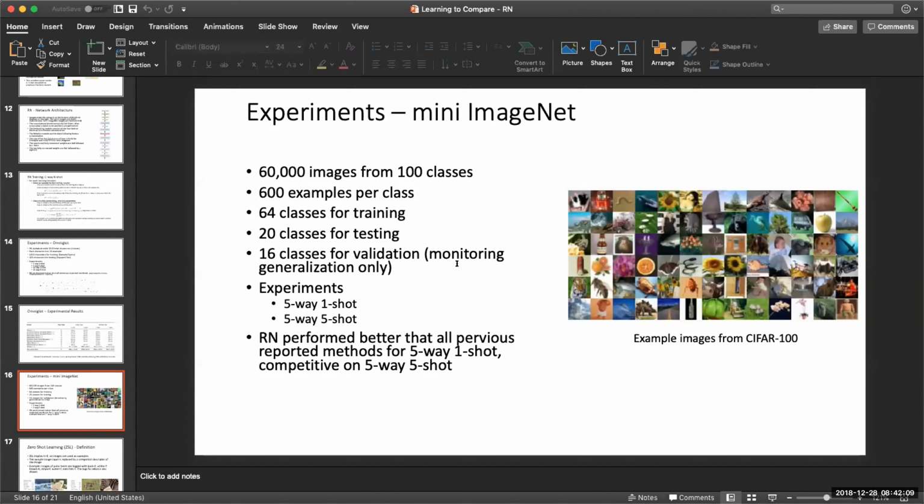But these are just held out and used for monitoring generalization. So 64 and 20 are the classes that we've talked about before. In this set of experiments for mini ImageNet, they only look at the 5-way 1-shot and the 5-way 5-shot.